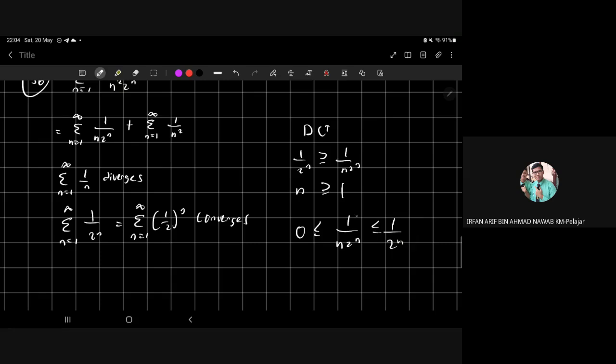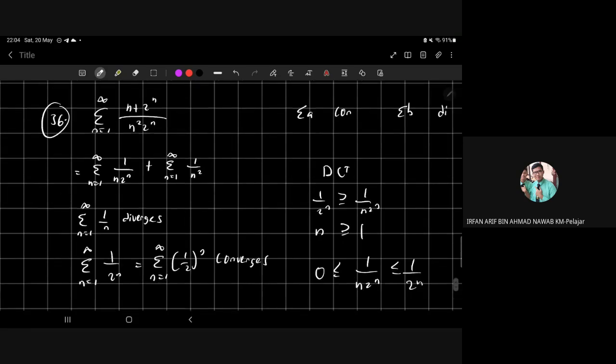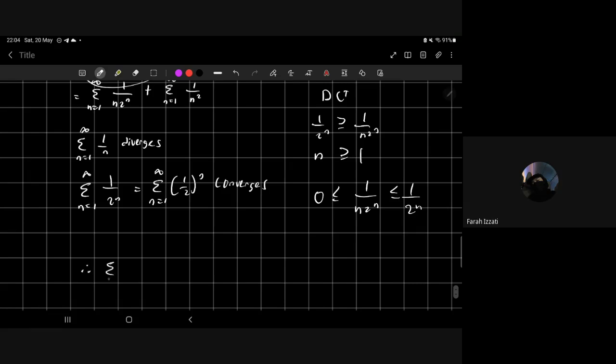So from the test, if this converges, then this converges. Now, a converging series plus another converging series means that the whole series converges. Therefore, the series converges.